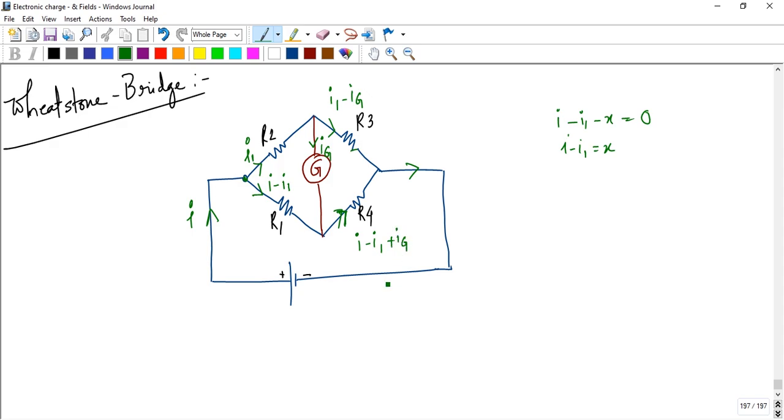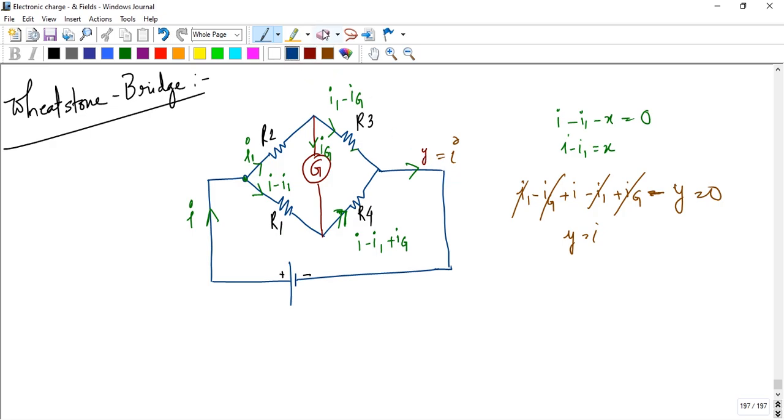Here both are entering, and entering is plus, leaving is minus. Suppose I call the junction y: I1 minus IG enters, and from here also enters I minus I1 plus IG. Obviously leaving is minus, y equal to 0, IG cancels, I1 cancels, so y equals I. This satisfies our KCL equation.